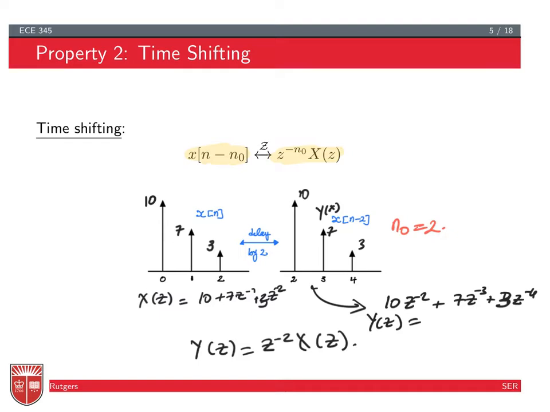It follows immediately from the definition, but I hope you can see why this is true. What was 10 at n equal to 0 becomes 10 at n equal to 2, and this is why you multiply everything by z to the minus 2.